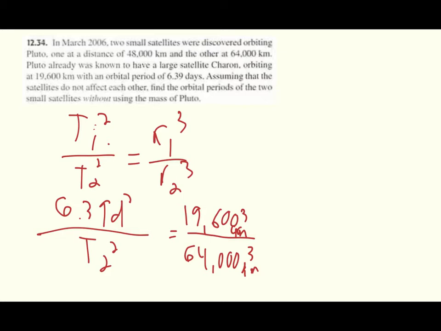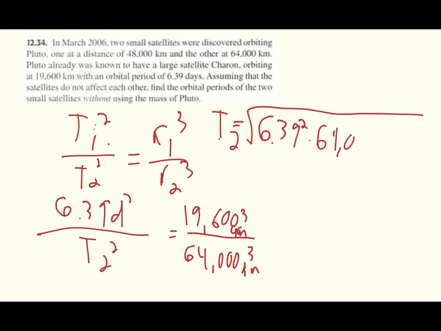So just like last time, to get T2, I'm taking the square root of 6.39 squared times, this time, 64,000 cubed, divided by 19,600 cubed.